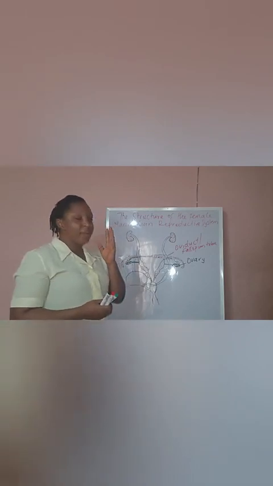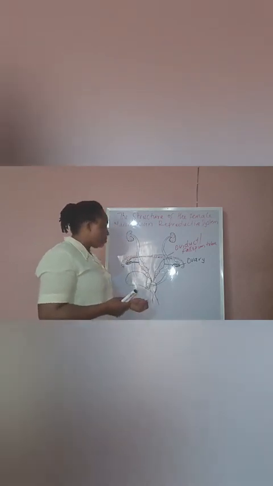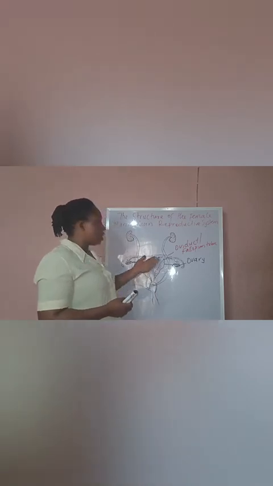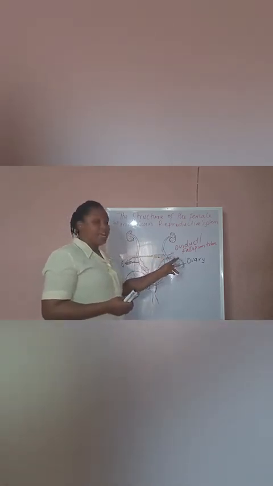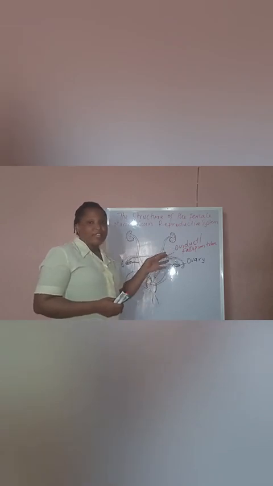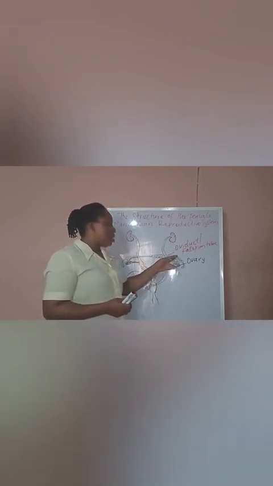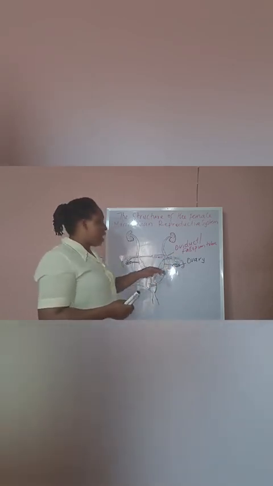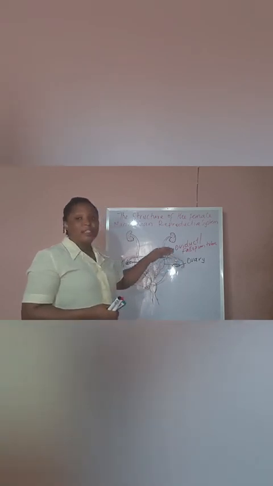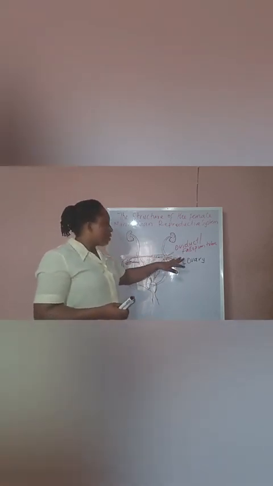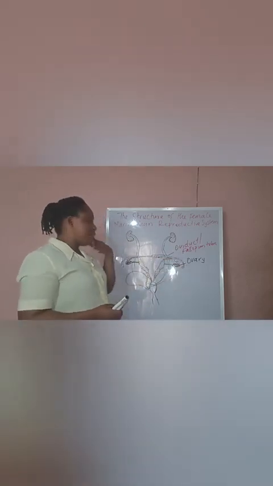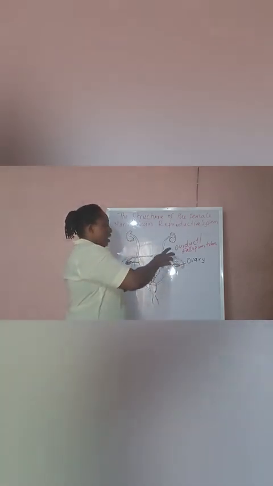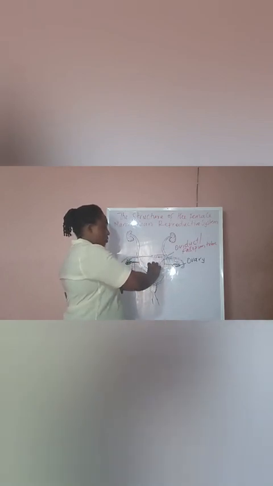So during ejaculation, when the sperm is introduced, the egg stays here where it is fertilized, and the part of the fallopian tube where it is fertilized is called the ampulla. So the egg stays in the ampulla and the sperm meets it there and fertilizes it. When it is fertilized, it will have to travel down.